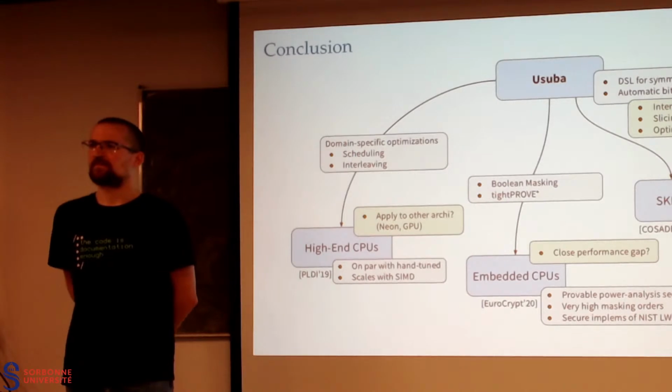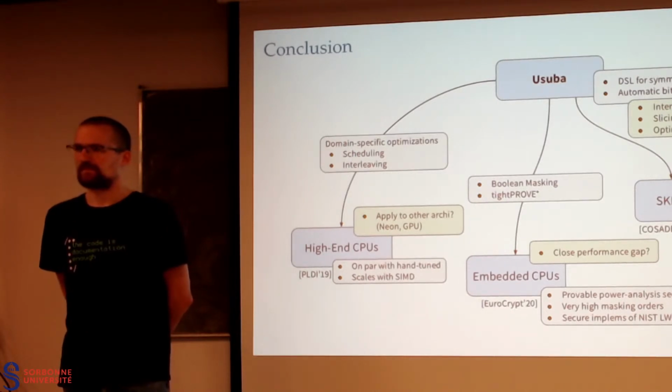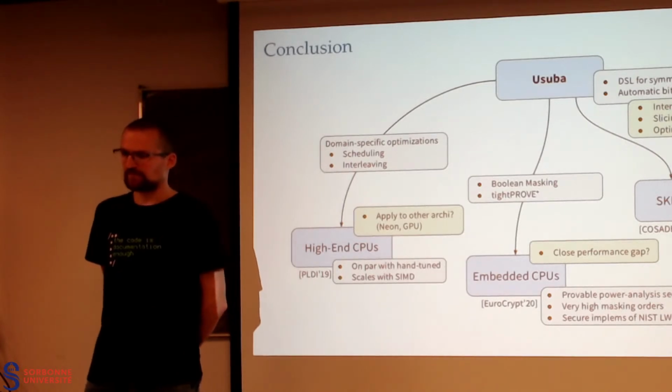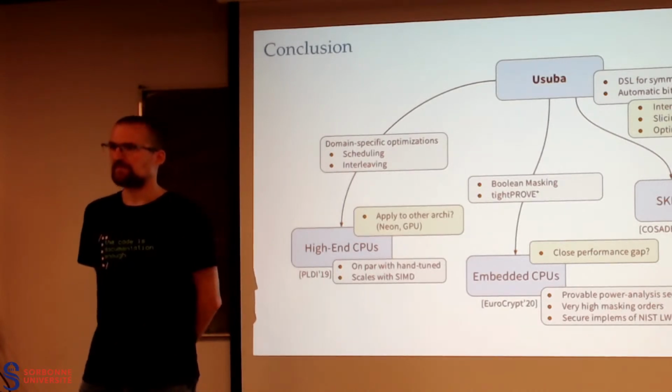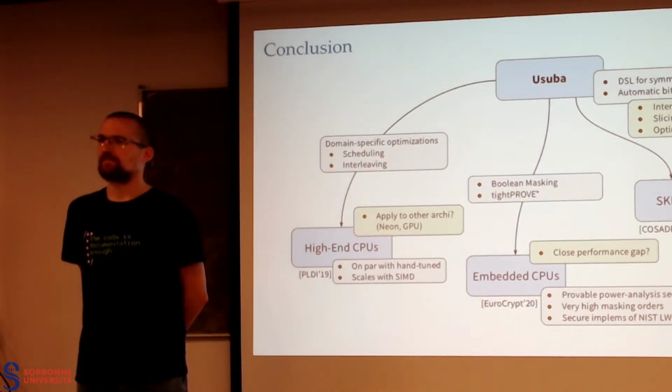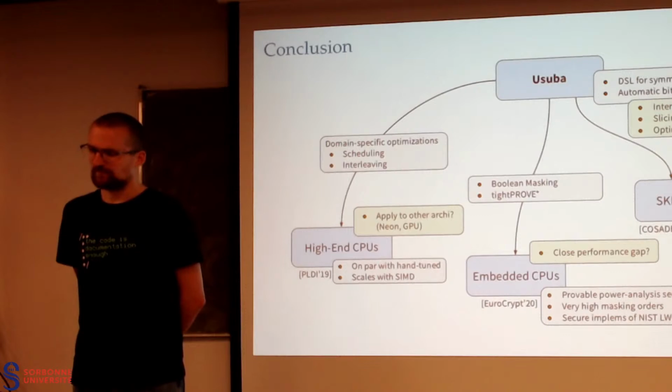Okay, so first of all, I would like to thank Darius for the very nice presentation that highlighted the wide spectrum of his work. My first question will be about the optimizations.